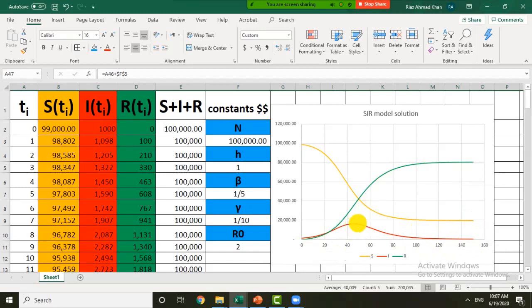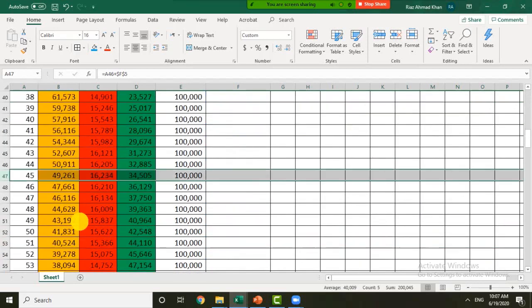We can also compare the values. For example, look at the 45th day, 16,234. Let us compare it with the numerical values.